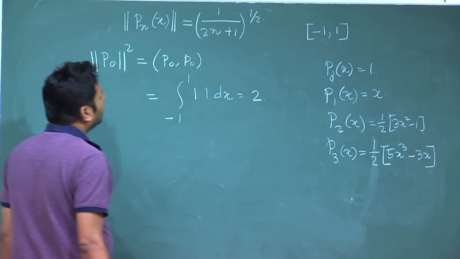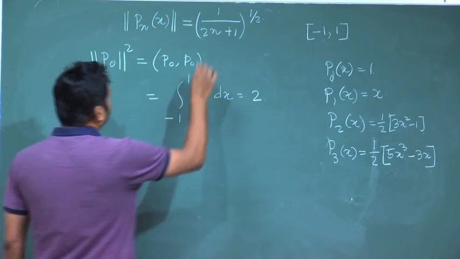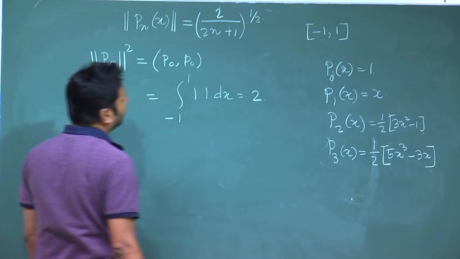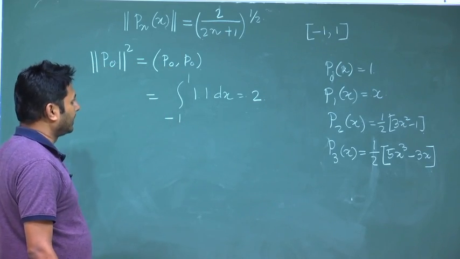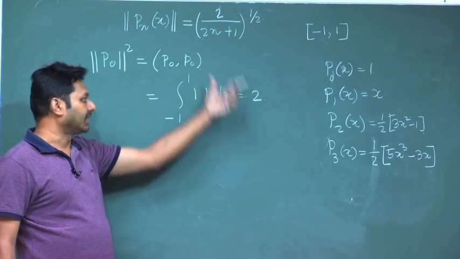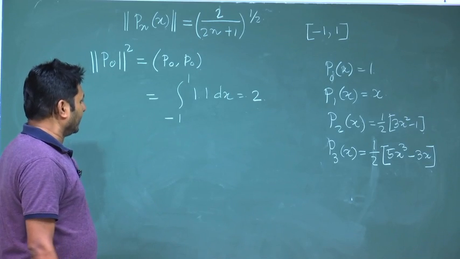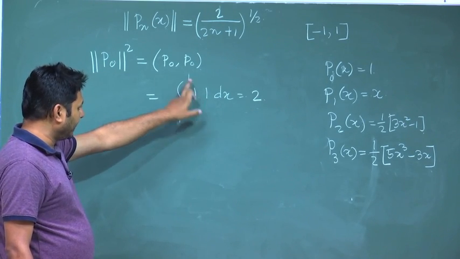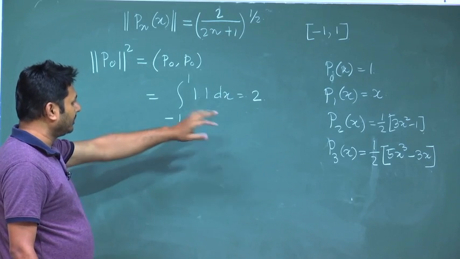Okay, in this formula I am making one mistake. It should be 2 divided by 2n plus 1. So far I remember it is 2 divided by 2n plus 1. I will check that with this. Since it is x, x will go from minus 1 to 1. So, that will be 2.